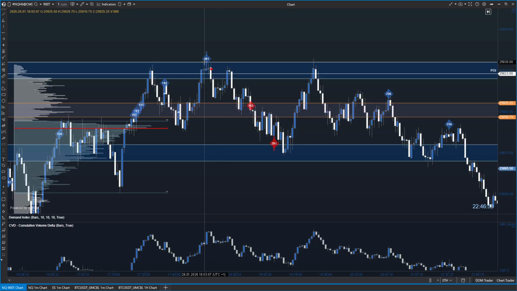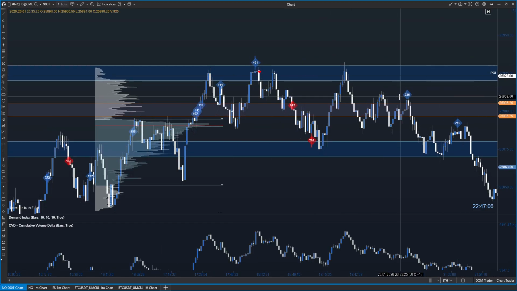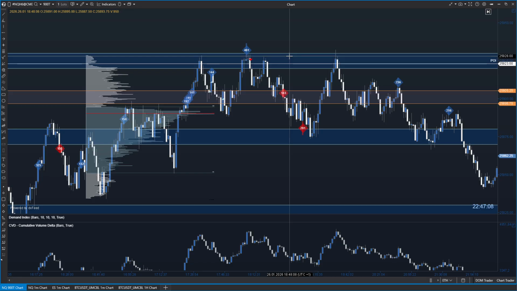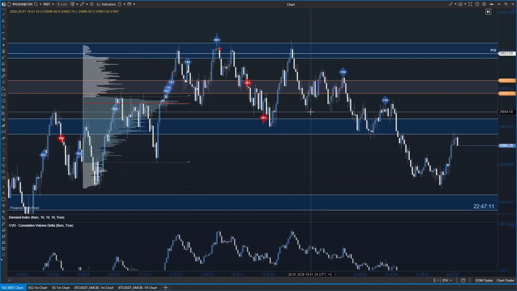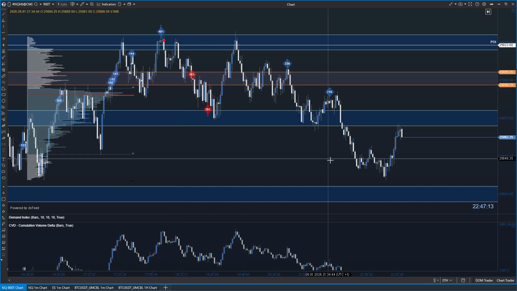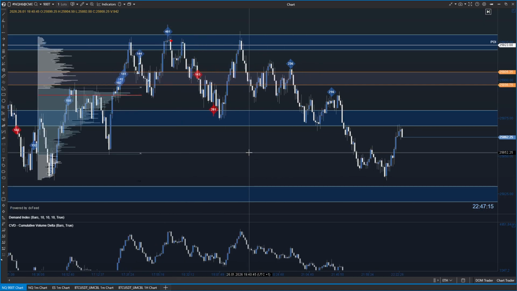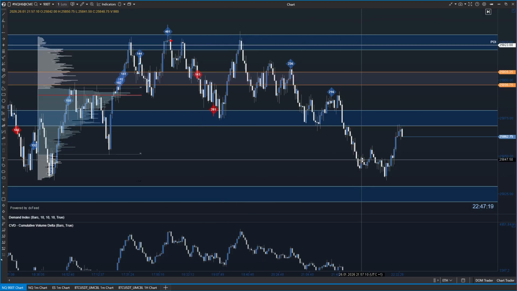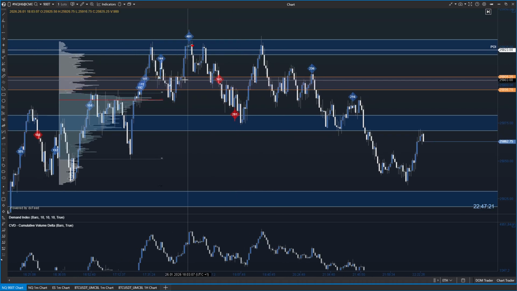So I just don't want to be greedy. I marked my zones, this also here in this area zone. Why do I want to be greedy when I can just take 2,000 out of the market and be happy for the day? Because you can also see here is a lot of chop, and my bias for the day is only long. So why trade this chop when I had to be in here and out over here?